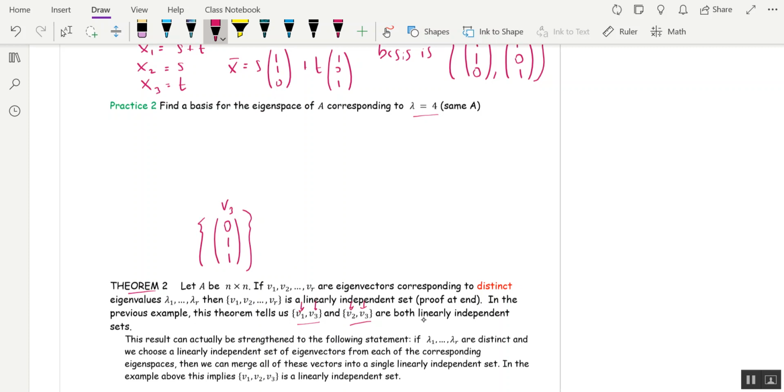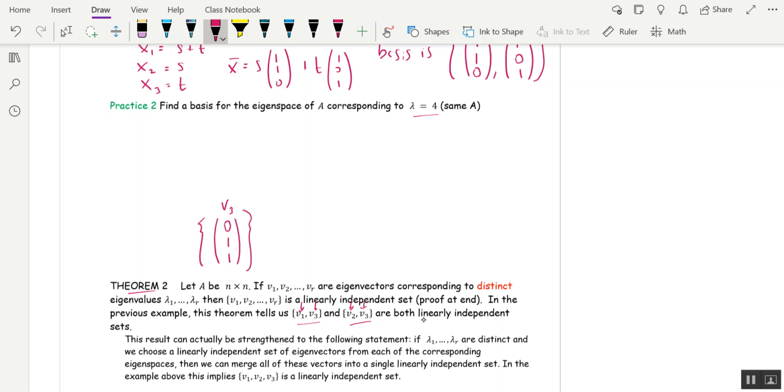But we can make the theorem better. The better theorem is that if we have distinct eigenvalues, and we take a linearly independent set of eigenvectors corresponding to each of the eigenspaces, we can merge all the eigenvectors together into one set that's linearly independent.